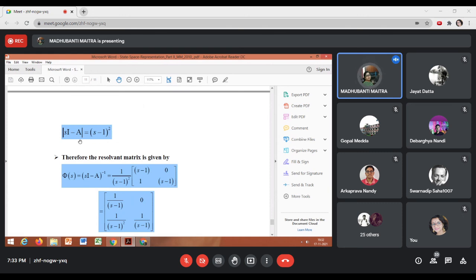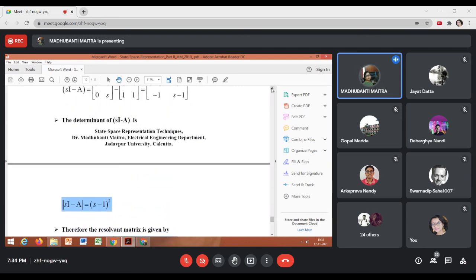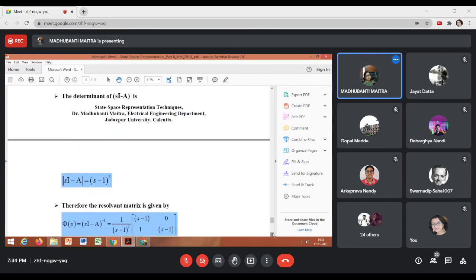So the resolvent matrix is (sI minus A) inverse, not the determinant. So phi s, (sI minus A) inverse, will be adjoint of (sI minus A) by determinant of (sI minus A). We have already computed the determinant, so 1 by (s minus 1) whole square. This is a very simple matrix, and very easily you can find the adjoint, cofactors, and then transpose, right? Am I correct?